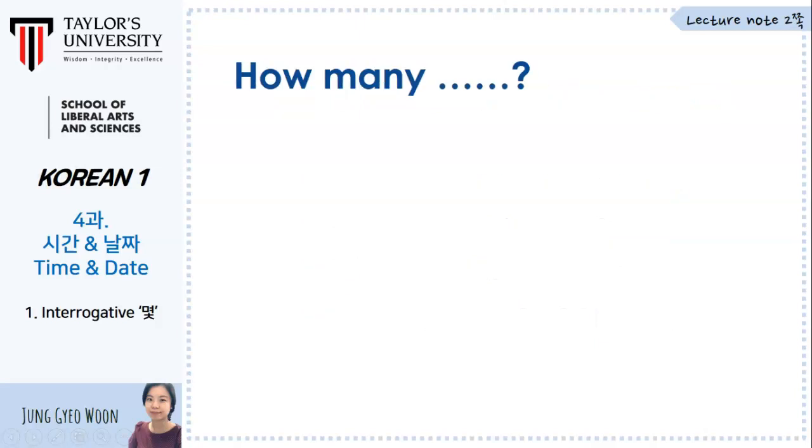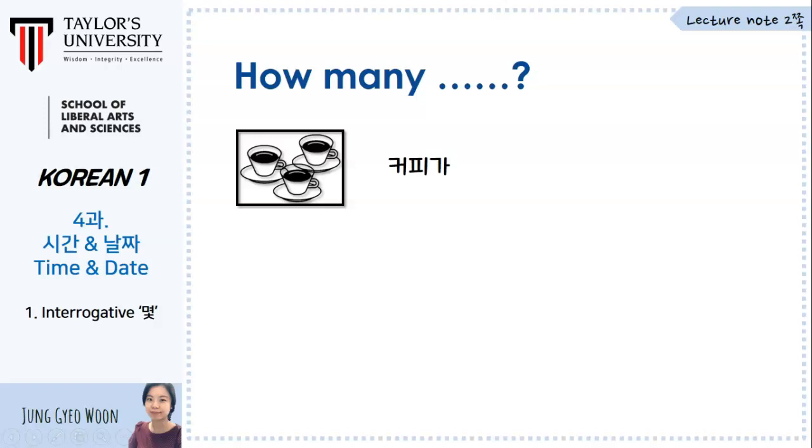Here we have an example to ask the question, how many? Let's say I want to count the cups of coffee. How many cups of coffee? Coffee in Korean is 커피, right? 커피가 how many cups? 몇 잔이에요? 커피가 몇 잔이에요? 여러분, please repeat after me or read together. 커피가 몇 잔이에요?